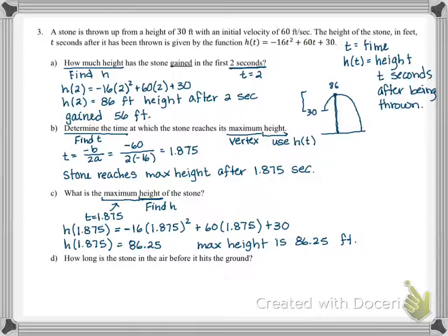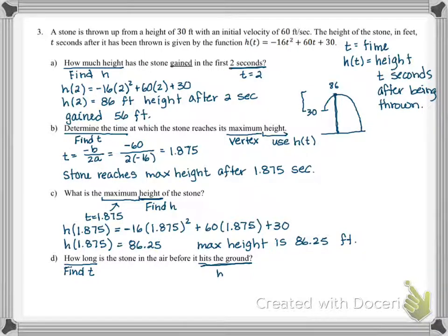Okay, last question. I read this sentence and I see the words how long, which tells me what? I'm looking for time, so find t. And then I see hits the ground, which tells me what? Your height is at 0.